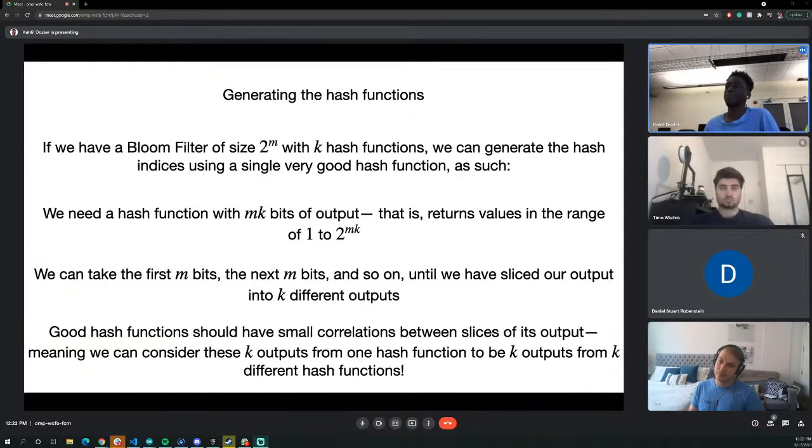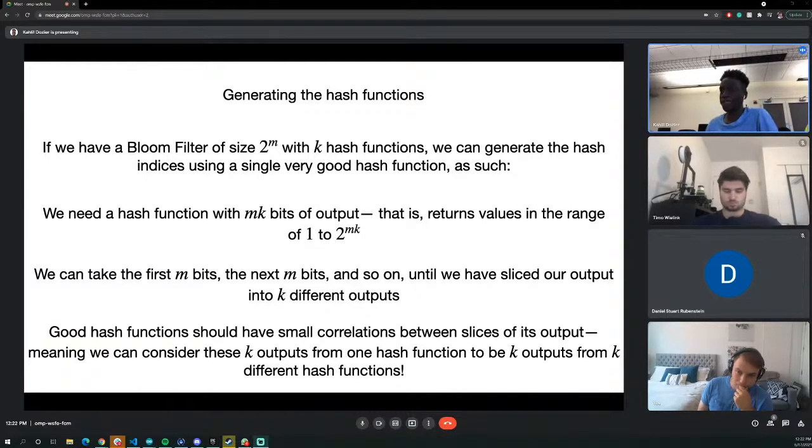Imagine we have a bloom filter of size 2 to the m, and we parameterize it with k hash functions. Instead, we can take one hash function, as long as it has m times k bits of output, that is, it returns values in the range of 1 to 2 raised to the mk power. We just hash our message with that. We have our mk bits of output.